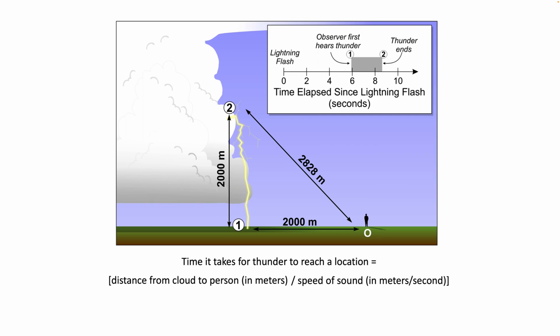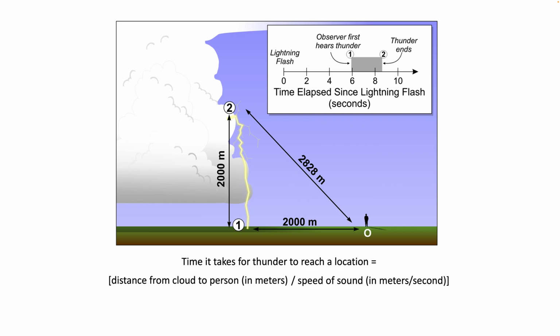Also know that the reason that there's a difference between when you see lightning and when you hear the thunder is because when you see lightning, that light is traveling basically at the speed of light, which is 186,000 miles a second. Thunder, on the other hand, is moving along at the speed of sound, which is around 300 meters or so per second, or about 1,000 feet per second.